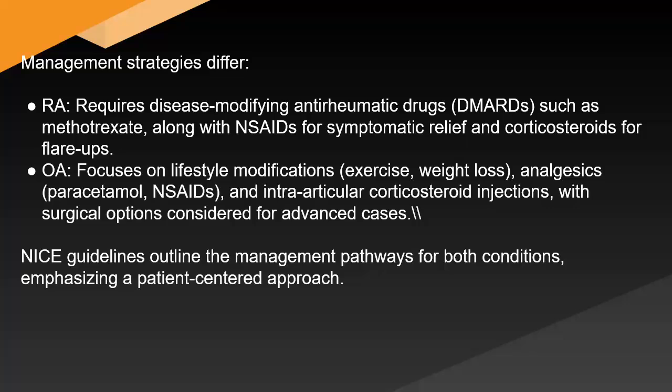OA focuses on lifestyle modifications, exercise, weight loss, analgesics such as paracetamol, NSAIDs, and intra-articular corticosteroid injections, with surgical options considered for advanced cases. NICE guidelines outline the management pathways for both conditions, emphasizing a patient-centered approach.